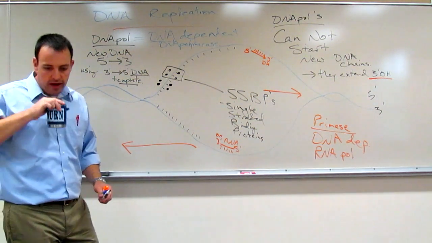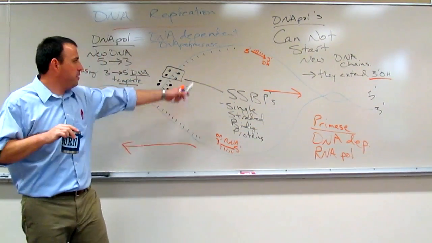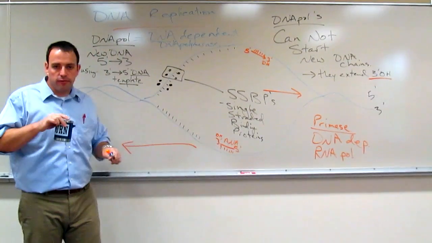Now we've got protected DNA, we have an open origin of replication, and we're ready to write DNA.